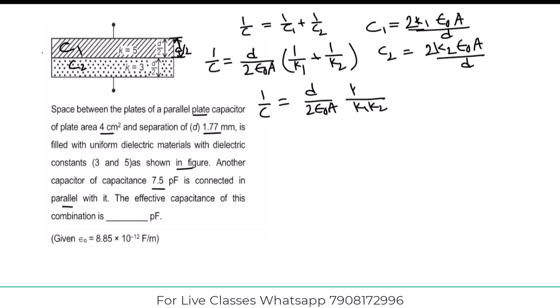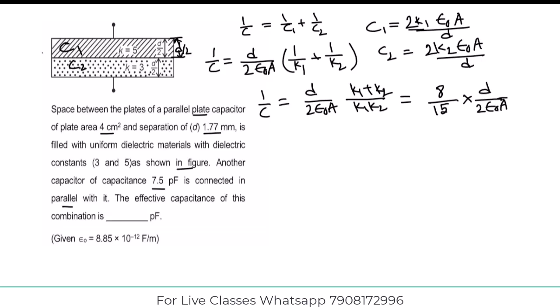Now K1 is 5 and K2 is 3. 5 plus 3 is 8 and 5 into 3 is 15. So 1/C = 8/15 times d/2ε0A. This is the value of C for this combination.